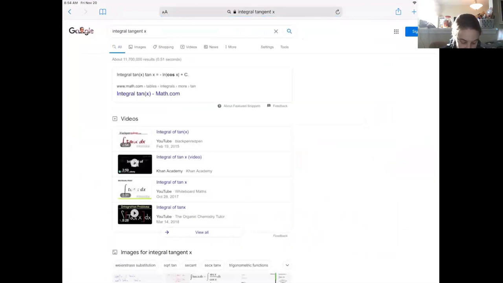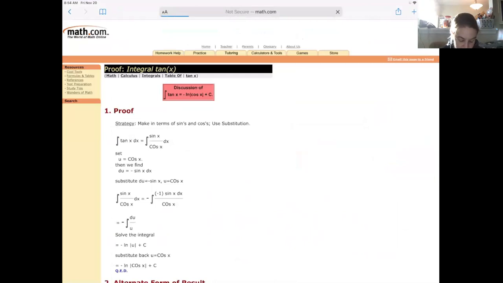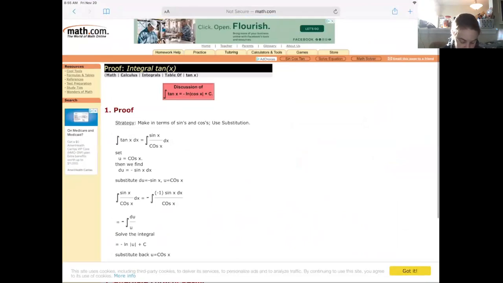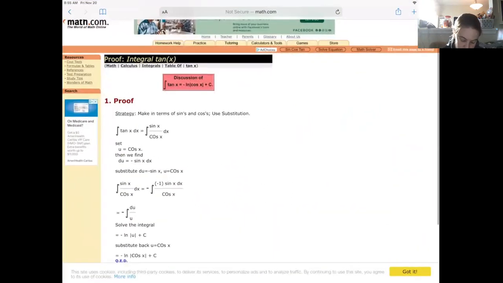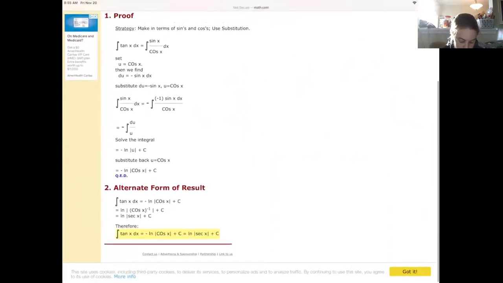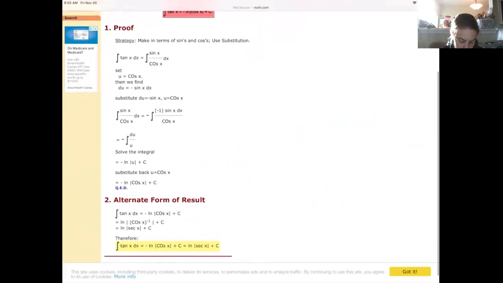Integral of tangent of x. You can watch a million videos. Oh, see, this one went with negative natural log of cosine. The alternate form they have is secant. So this proof does have both. So they are both acceptable. Just keep that in mind.